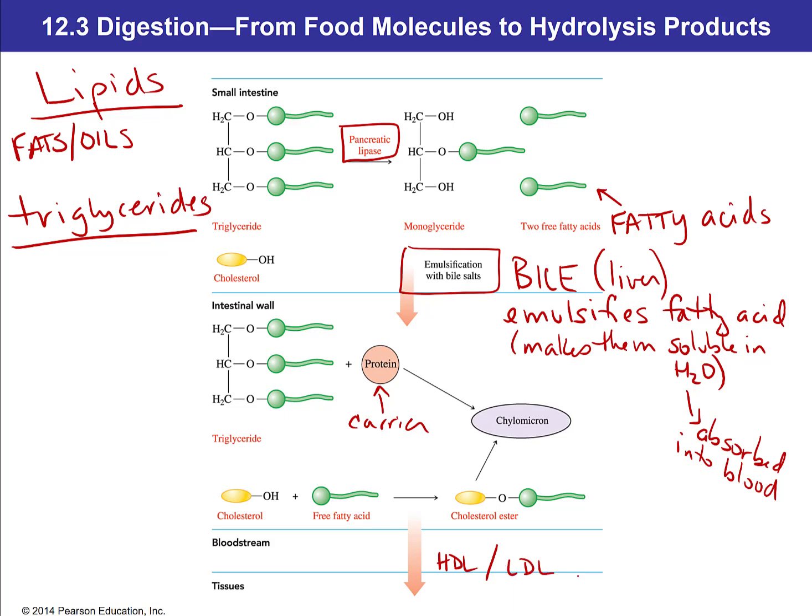The fatty acids travel along through the bloodstream having a carrier to keep them dissolved, because otherwise they would separate out. Oil and water, and your blood is totally water-based, so oil and water won't mix, so you always have to have the chylomicrons, or the early carriers, but then later on it gets packaged into these lipid carriers. So not only do you have to break triglycerides down, you've also got to have some way of getting it to be absorbed, and that's the job of bile.